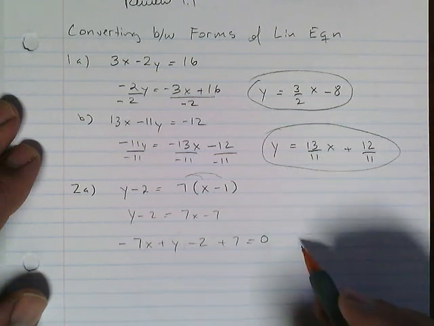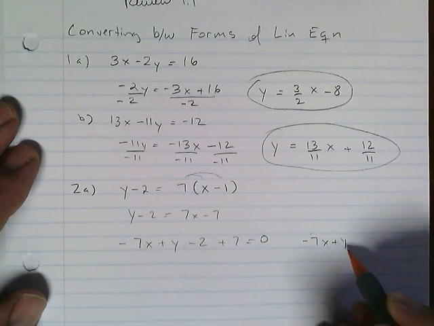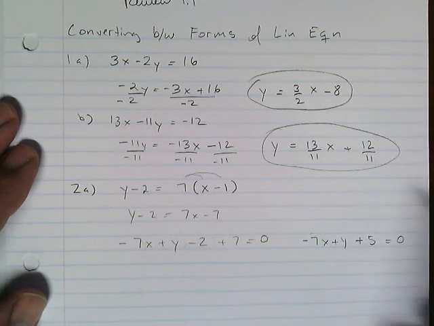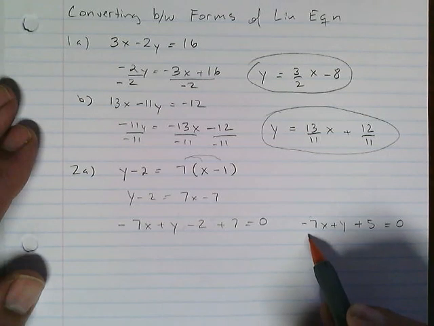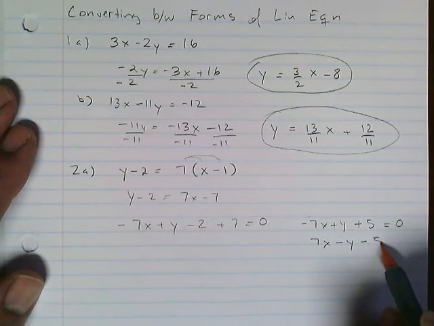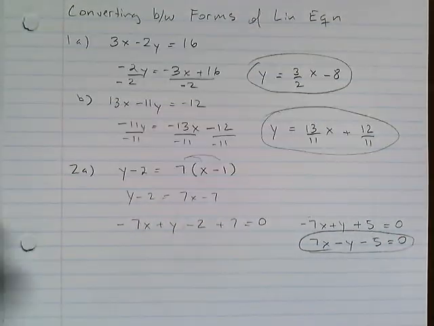So there it is. We're going to write it negative 7x plus y plus 5 is equal to 0, and you need to have a positive x, right? So we're just going to change the sign of everything, and there it is.